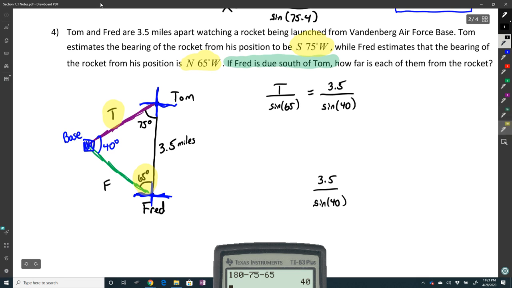Whereas for Fred, I have F over sine of 75 degrees. We can easily solve by multiplying both sides by sine of 65 and by sine of 75.